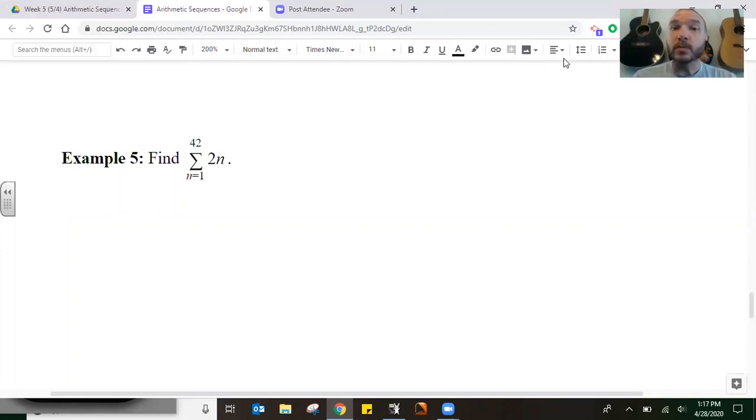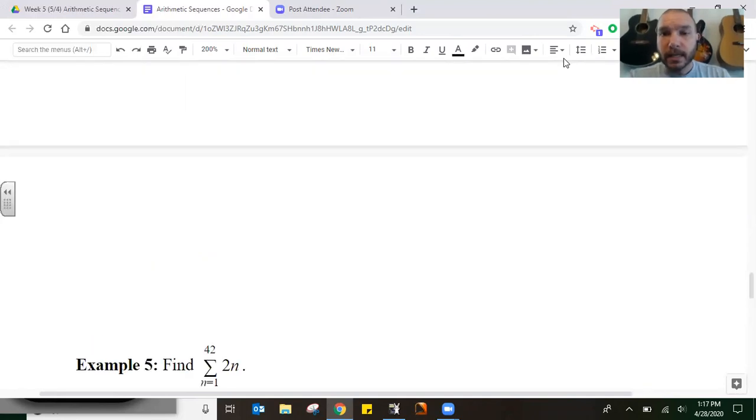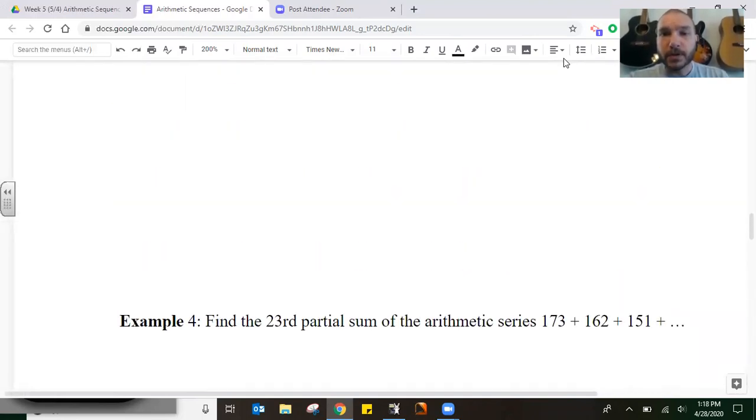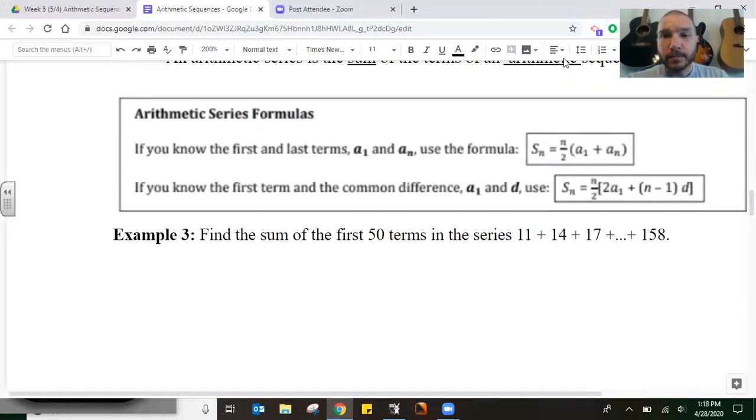So what we could do is find all 42 terms and then add them all together, but we don't have to because we've got formulas for that. The first formula we had said if we knew the first term and the last term, A sub 1 and A sub n, then we could use that formula. The second one is A sub 1 and d.